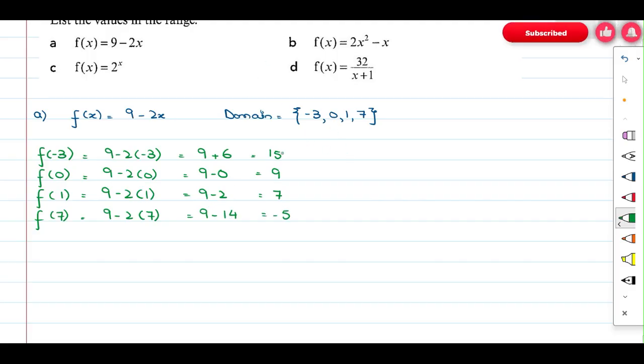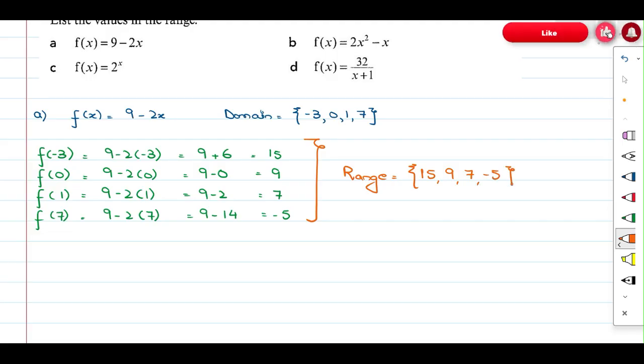Okay, so these are the outputs. You can see you give the inputs and you will get the output. This is a function because every input has a unique output, right? So now we can easily write down the range of this function. So the range for the first function is, you can see, 15, 9, 7, and minus 5.